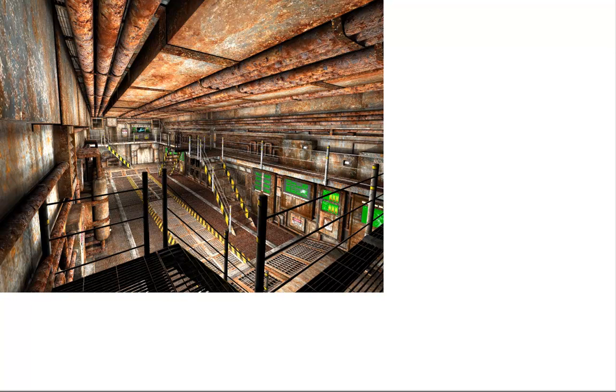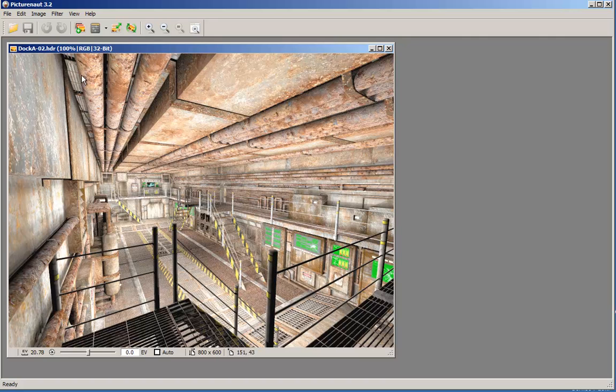Another tone mapping experiment. This is the rendered BMP. We tone map the exported HDRI, and the goal is to make the shadows less dark. I've already loaded it in Picturenaut, and this time we use adaptive logarithmic as tone mapping.